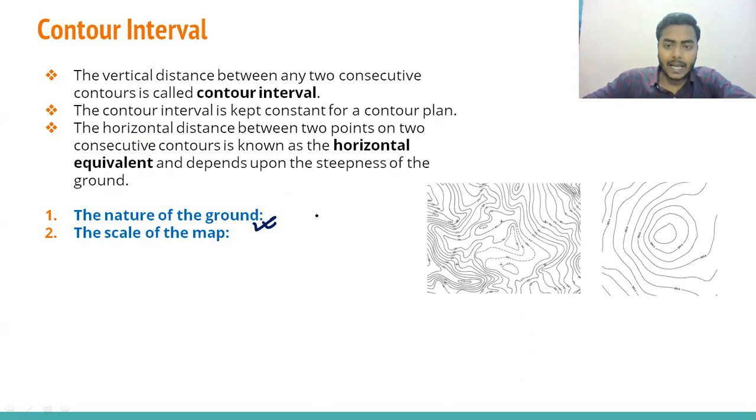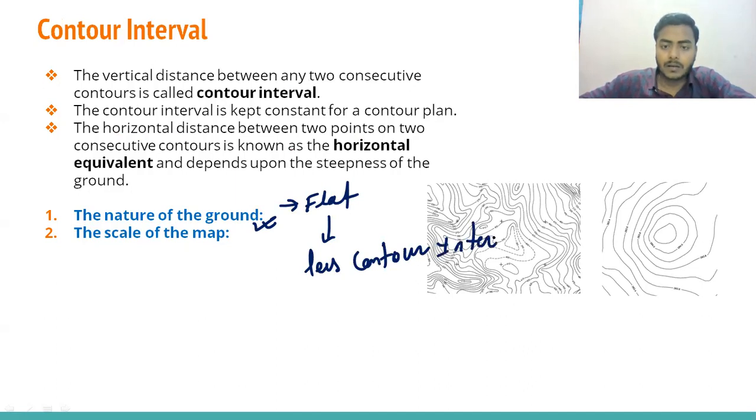If the ground is flat, we will keep a smaller contour interval, so that we can get the actual undulating features of the ground, like where the ground is elevated and where it is depressed.